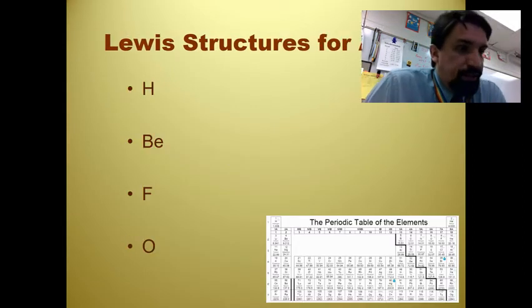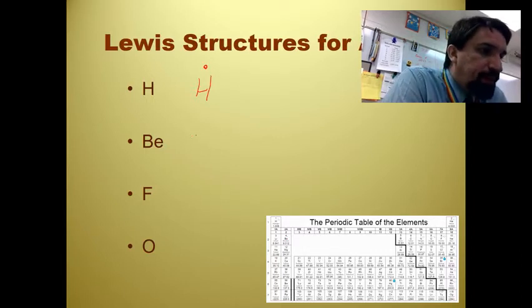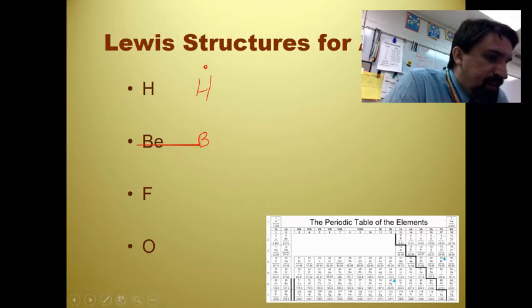Let me show you a couple other Lewis structures, right? Hydrogen, found in group 1, can be represented this way. Beryllium, found in group 2, can be represented this way. Let me erase that and try again.